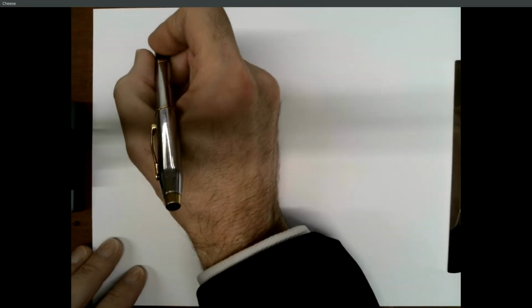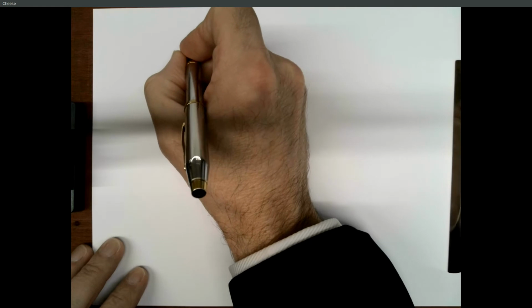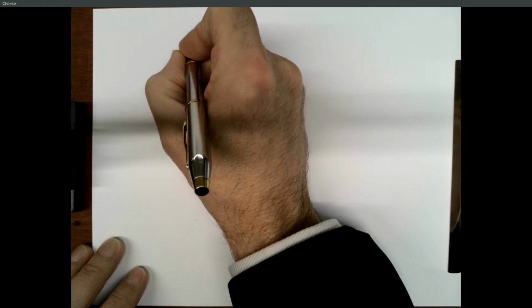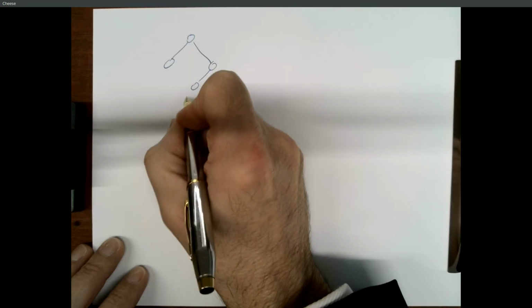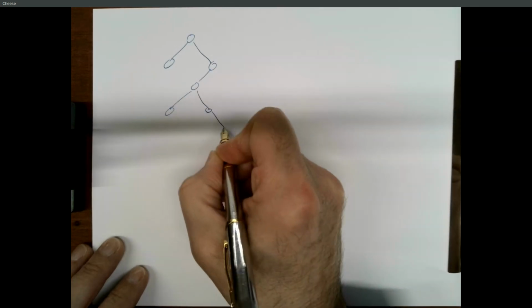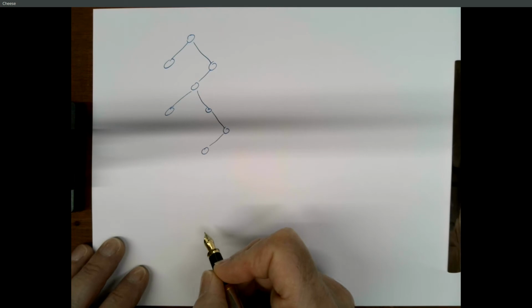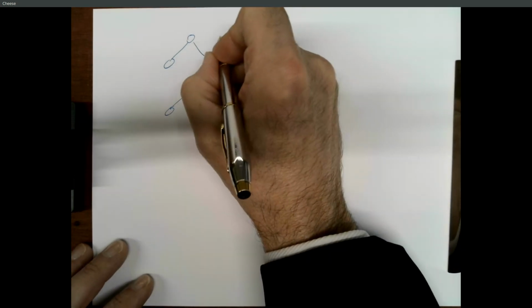All right, so let's think about the height of a tree again. We talked yesterday about tree depth, and I'm just going to draw sort of a generic looking tree. I'm not going to worry about data values. And we talked about the depth of nodes.